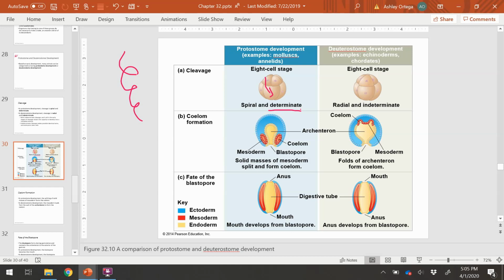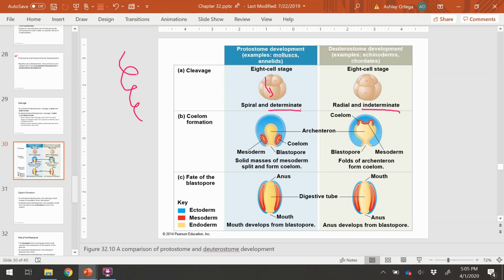Comparing that to deuterostome development, deuterostomes are going to have indeterminate cells, which means one single cell can make the whole embryo. That allows for identical twins to be formed, along with other things. That's a huge difference between protostomes and deuterostomes.